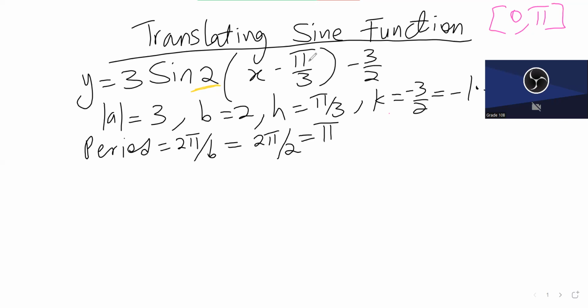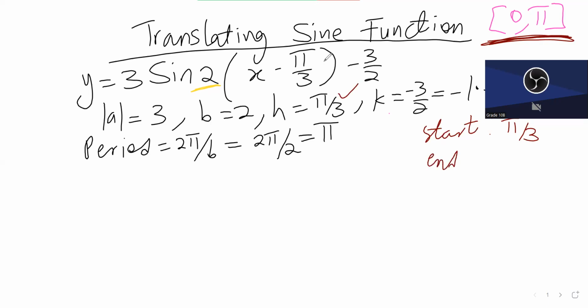Now the next thing to do is to find out where your graph will start from and where your graph will end. Obviously, h tells us we are moving from pi over 3, so we are starting from pi over 3, not 0. The range for one cycle is 0 to pi, so how do we find the end if we are starting from pi over 3?